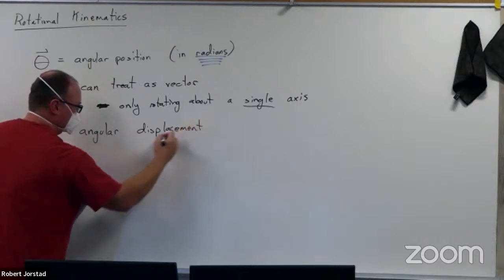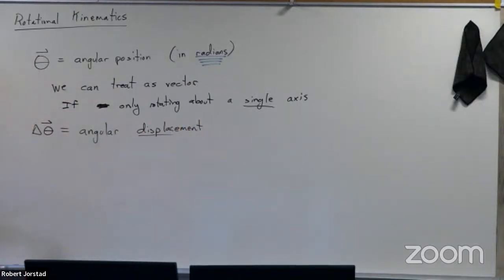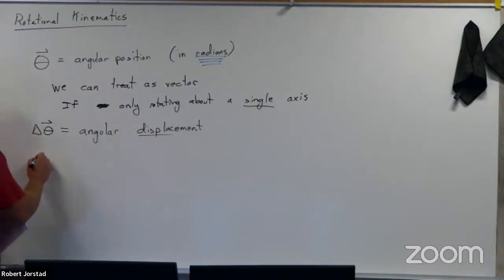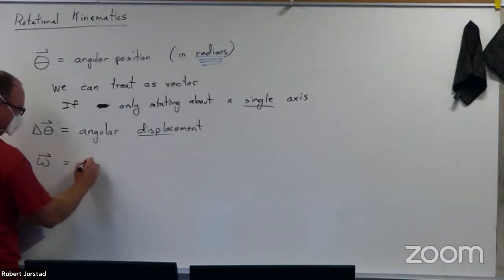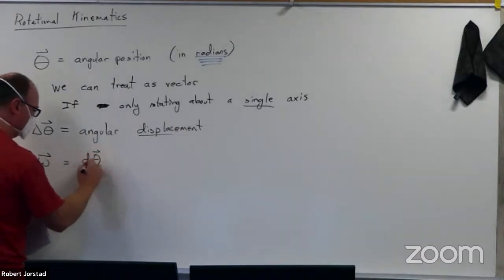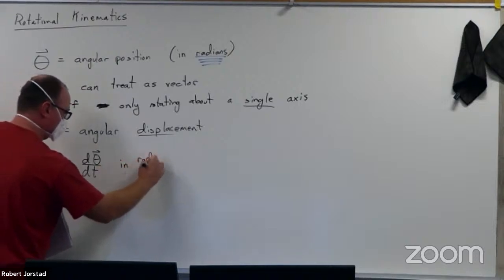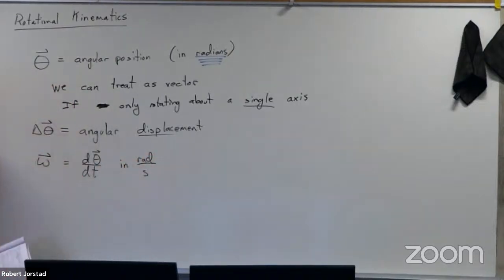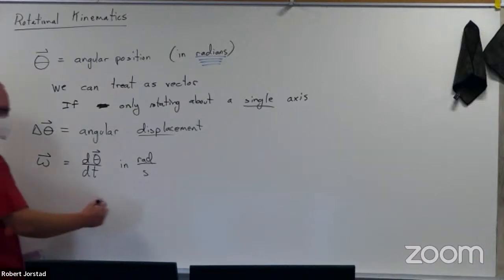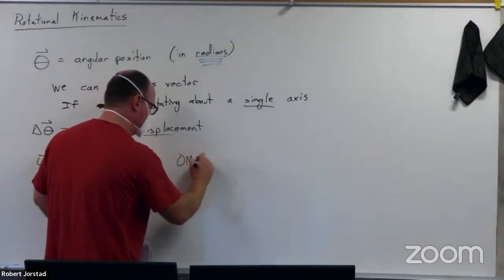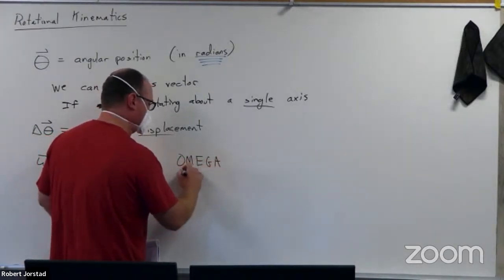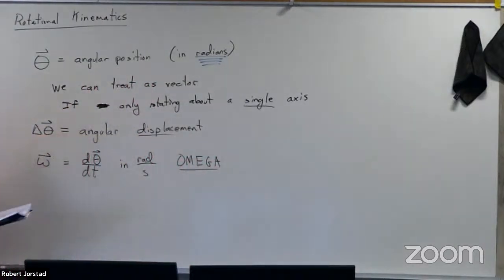We can have angular displacement, just like we had delta x versus x, position versus displacement. We're going to have omega, which is d theta dt. We've already talked about omega a little bit. Remember, this is omega, not w. Try to get used to that. If you call it w, I'll be like, remember, that's omega. I'll try to be nice to you.